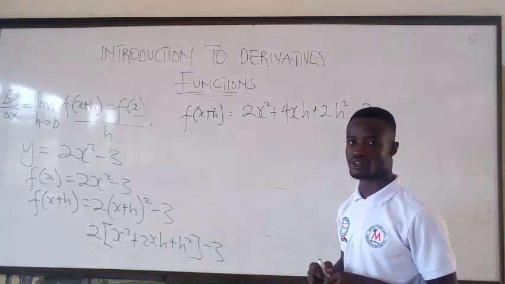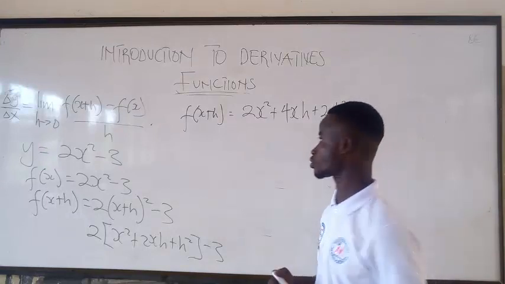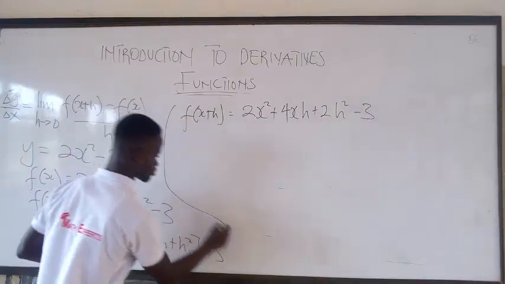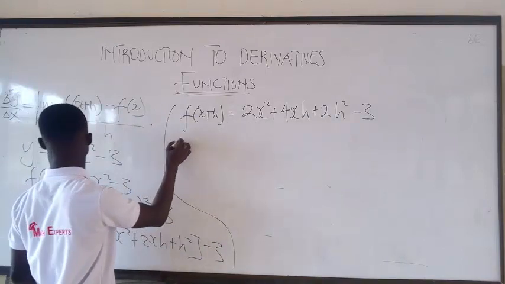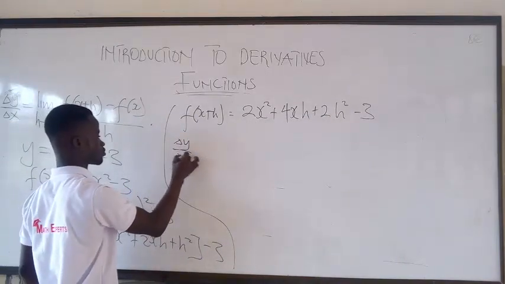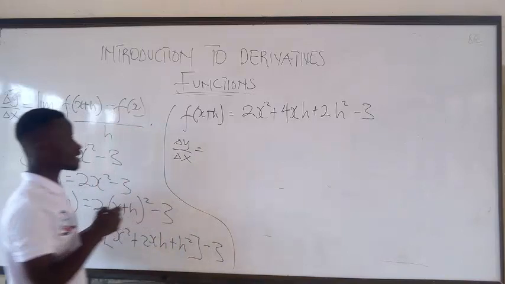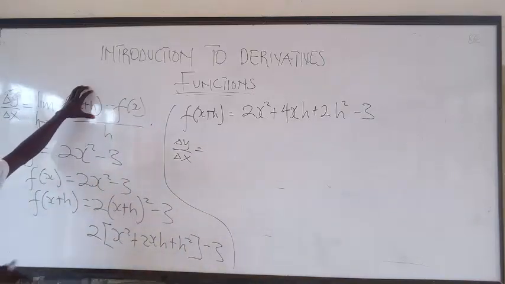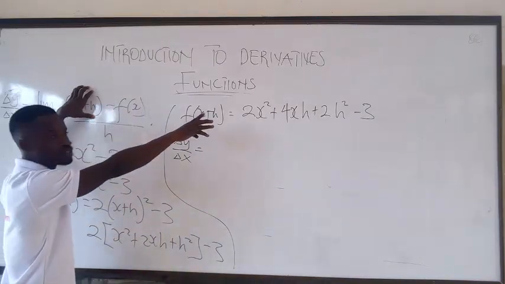Alright, so this is what we have now. So we can now go and do our substitution. That is, when you see f of x plus h, you put the function there.